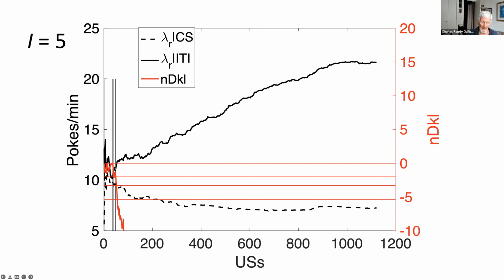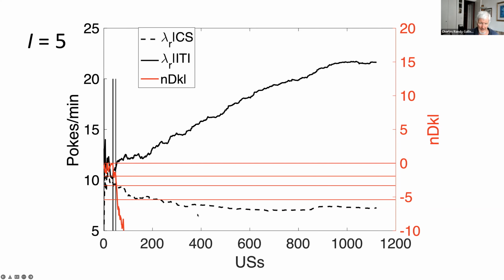It goes along at chance and then boom, just as with the mice in the fixed interval, it blows through these different significance levels very rapidly. This is the 0.001, you know, it's 1,000 to 1 odds against there being no difference. So in almost anybody's book, that is decisive evidence.